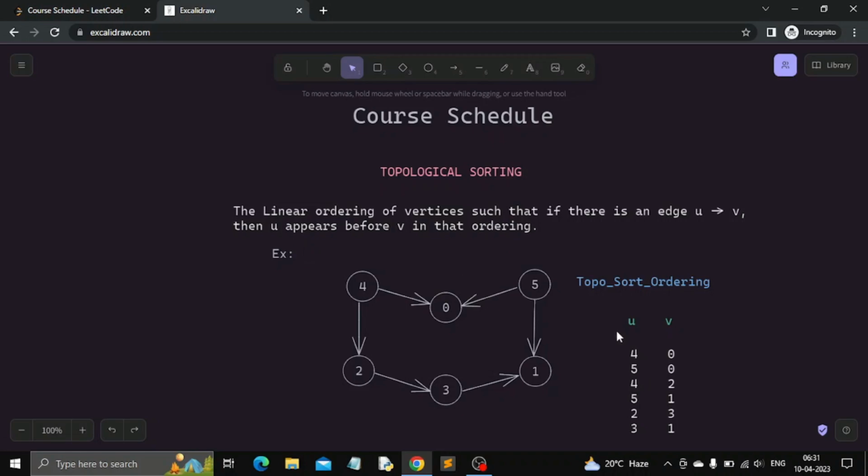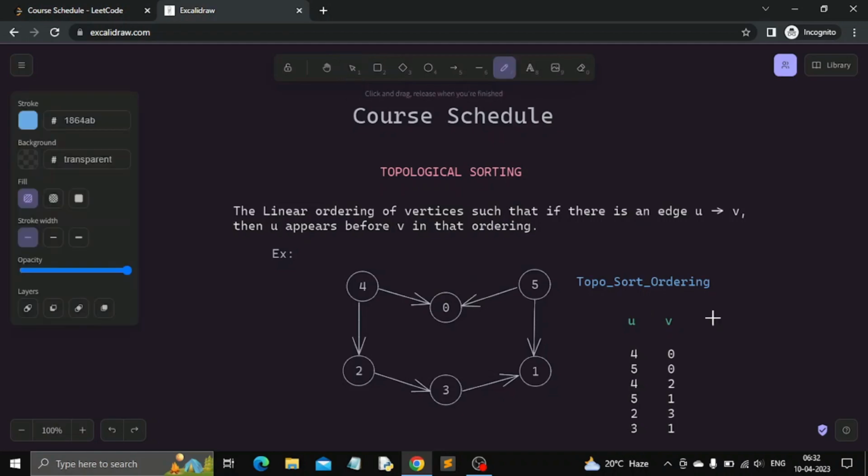So here also we can consider that if we have an edge from node u towards node v, then v is dependent on node u. Okay, all the nodes which are on the right hand side under v are the nodes which are dependent on other nodes.